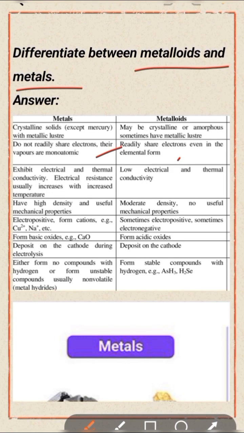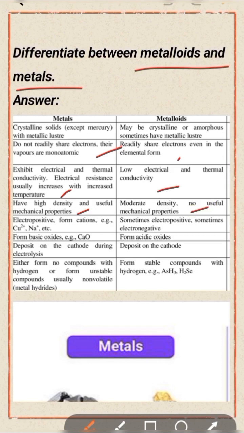Metals exhibit electrical and thermal conductivity. Electrical resistance usually increases with increased temperature, but metalloids have low electrical and thermal conductivity. Metals have high density and useful mechanical properties, but metalloids have moderate density and no useful mechanical properties.